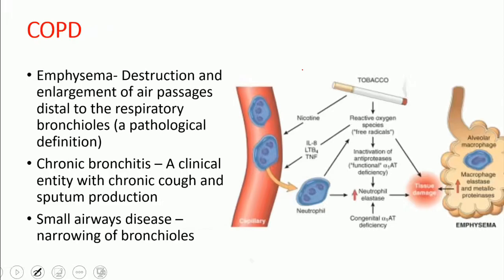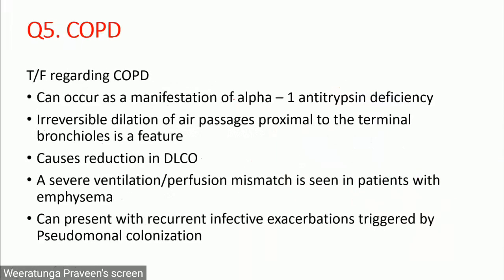So this is what you see. In emphysema, there are small airway, bronchiolar problems with destruction of the distal air passages, and in chronic bronchitis you have recurrent bronchial infection and inflammation, with cough, sputum, infection. COPD can occur as a manifestation of alpha-1 antitrypsin deficiency.